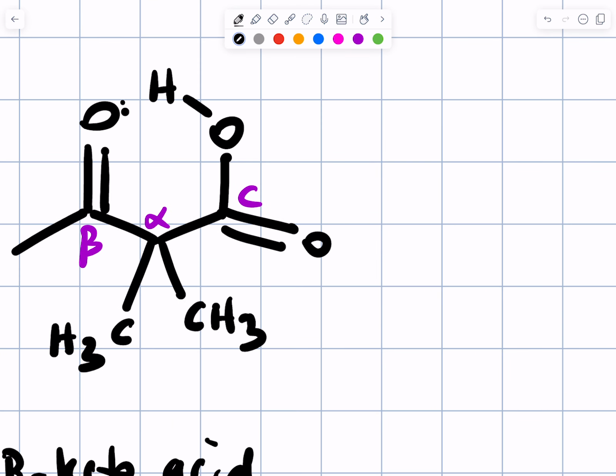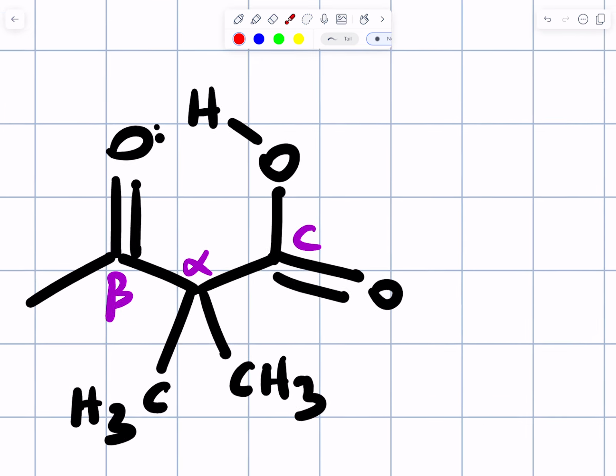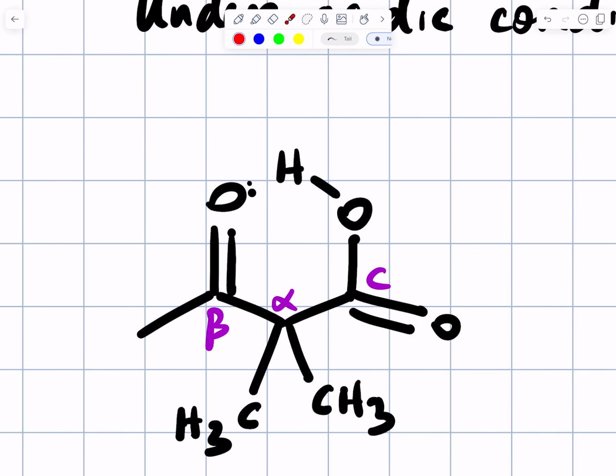Notice that the carbonyl oxygen on the beta carbon is 1, 2, 3, 4, 5, 6 atoms away from the hydrogen. They form possibly a 6-membered hydrogen-bound ring. It's not too much of a stretch to imagine this electronegative oxygen with a partial negative charge on it, hydrogen bonding with this hydrogen that's on the acid.